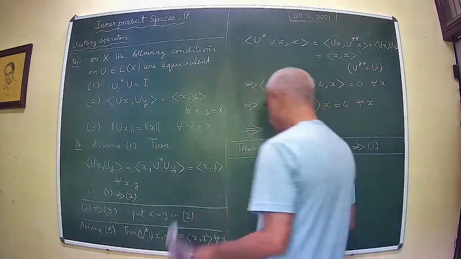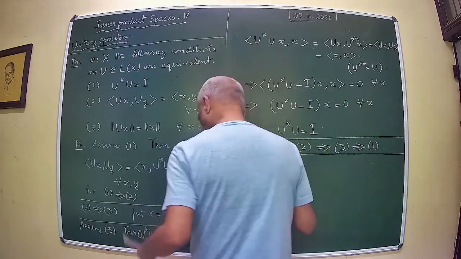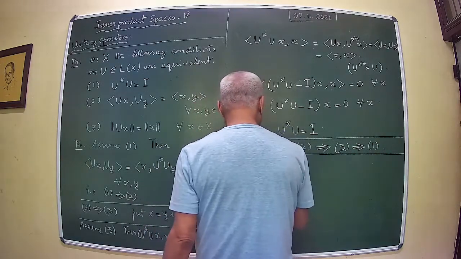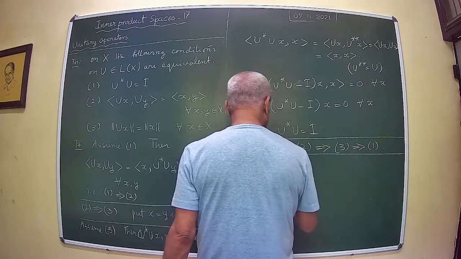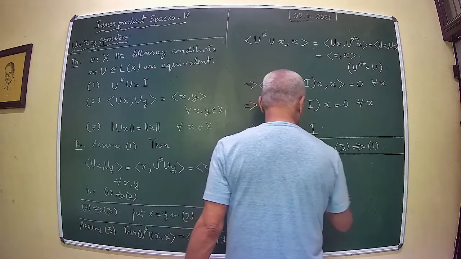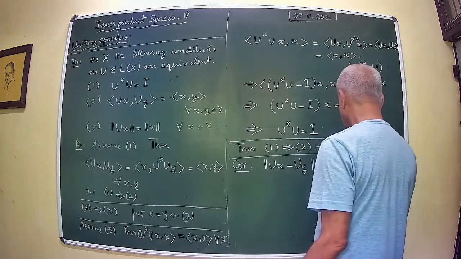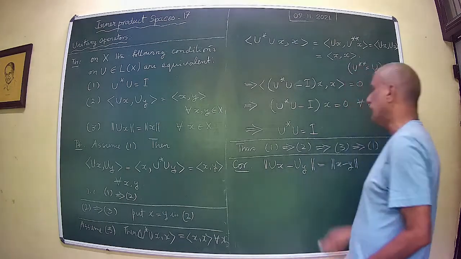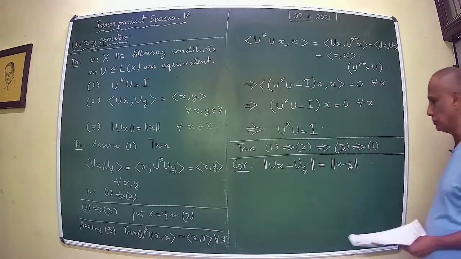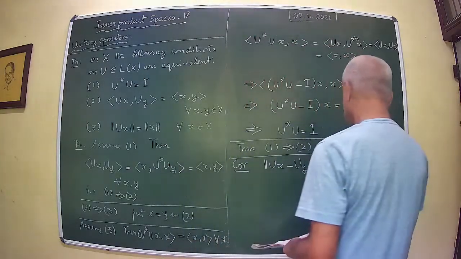Now a corollary is that norm of Ux minus Uy, which is norm of U(x minus y), equals norm of x minus y.